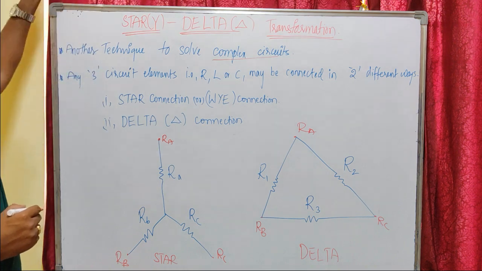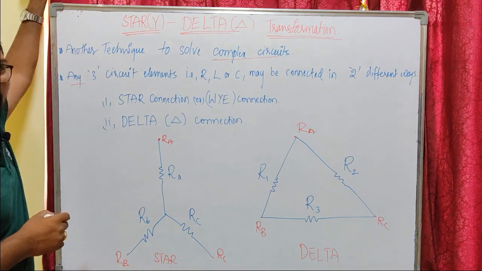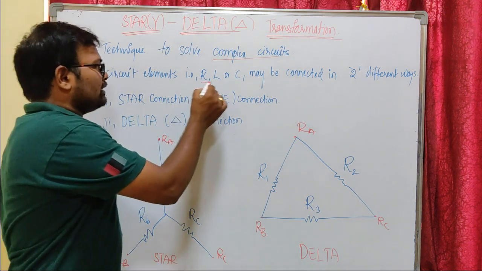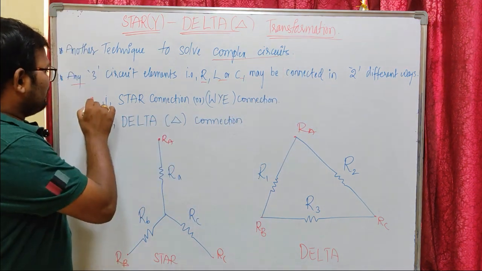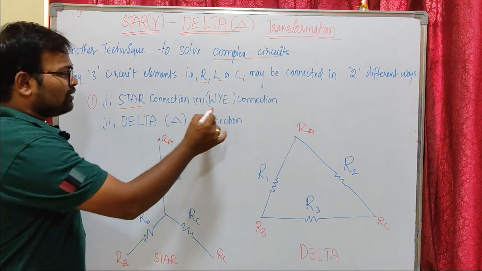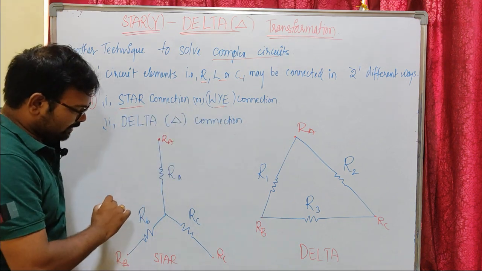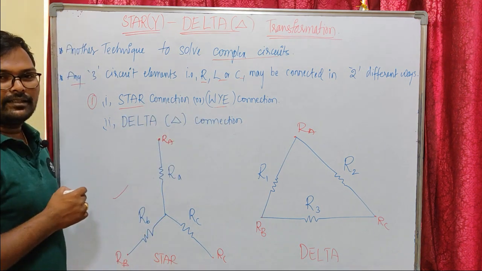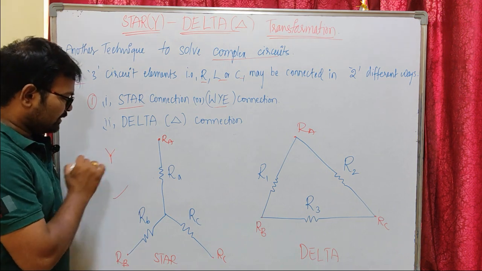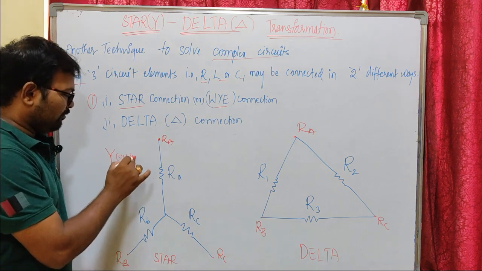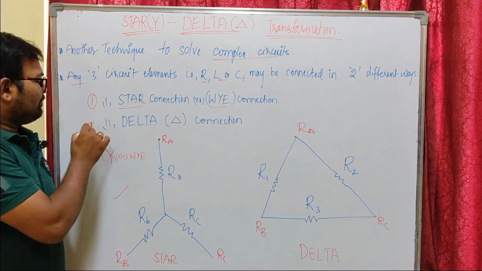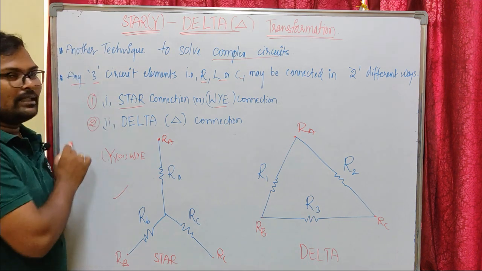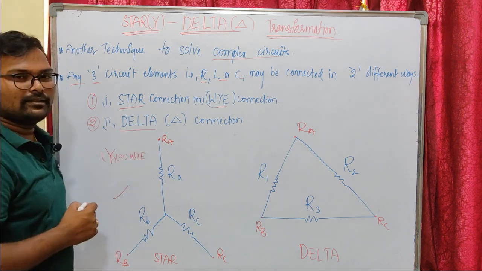We know that any three circuit elements, R, L, C, may be connected in two ways. The first one is star connection, also called Y connection. This type of connection is called star connection or Y connection. It is named Y connection because it is in the shape of Y. The second type of connection where three elements can be connected is delta connection, that is a closed one.